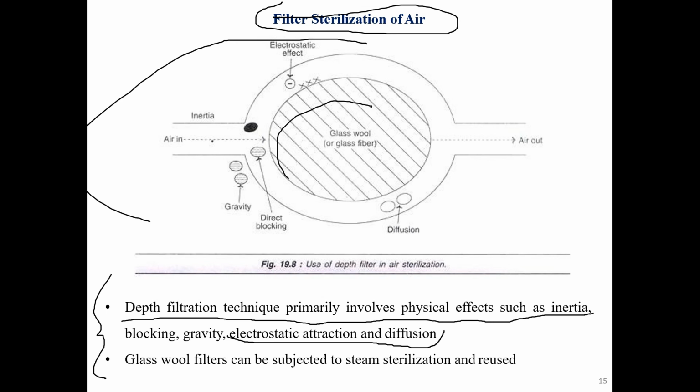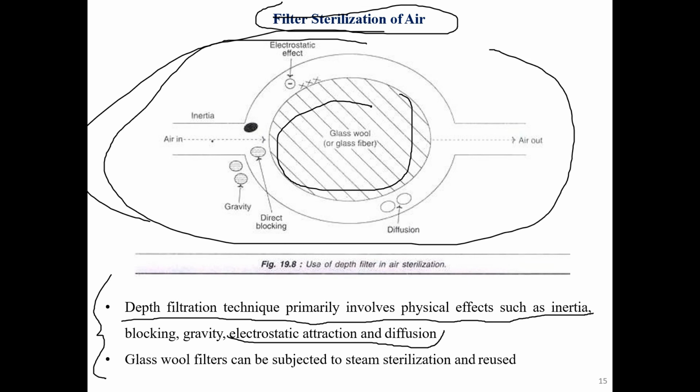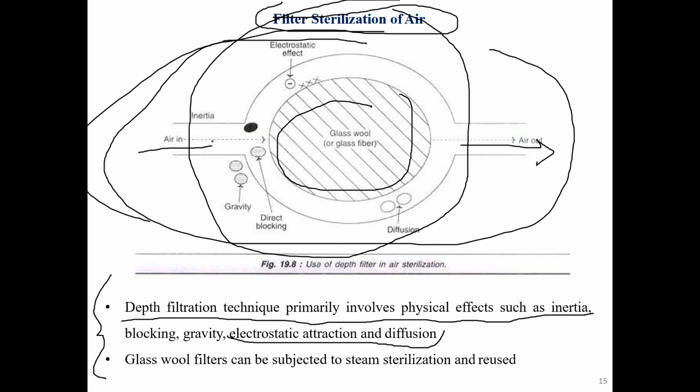It's a glass wool or a glass fiber that is present here. It's just like a net through which we provide air, and this is an outlet for air. As soon as we pour the medium in, it gets filtered or sterilized.